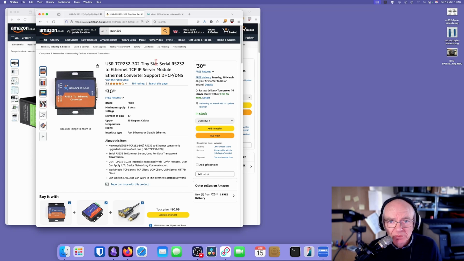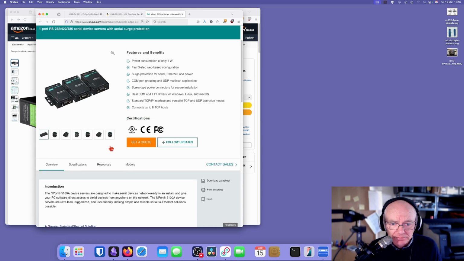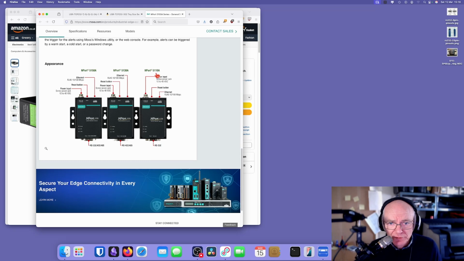Another unit from a more reputable manufacturer are these N-port adapters. They do a 5110A, which is a single RS-232 port, and again, I believe that should work just fine.